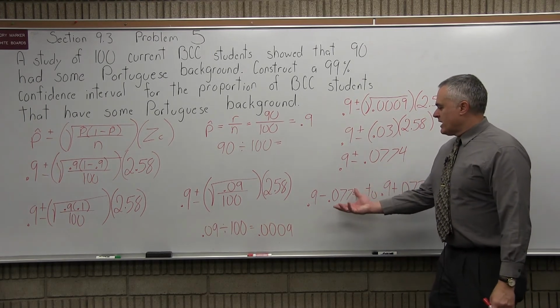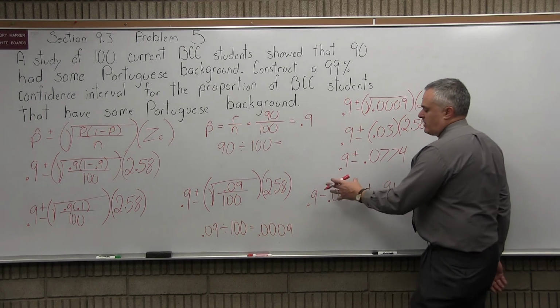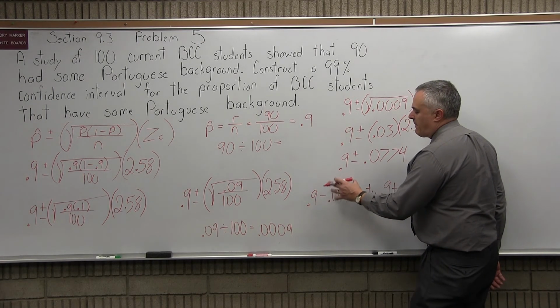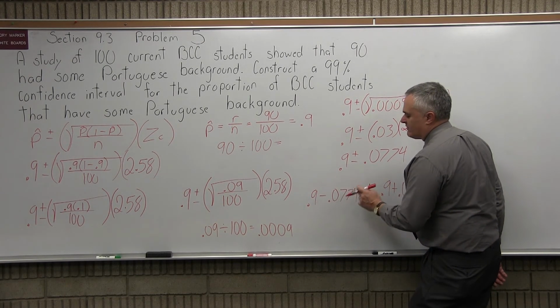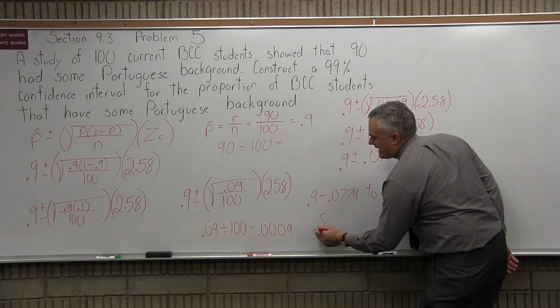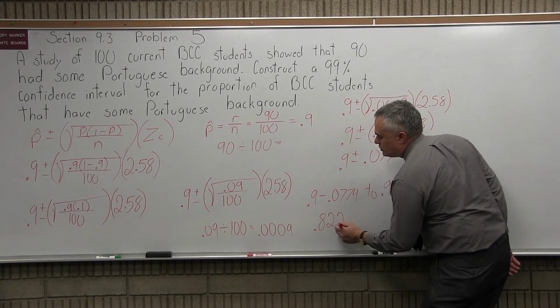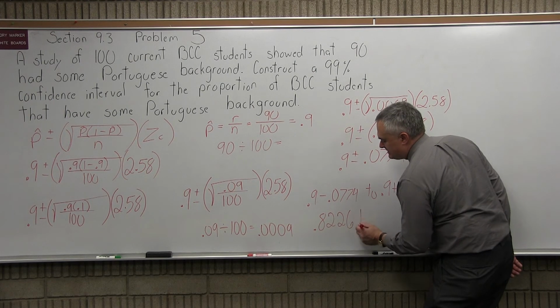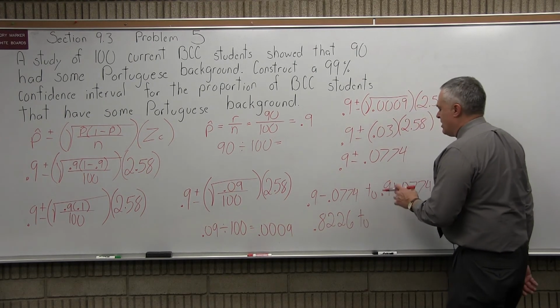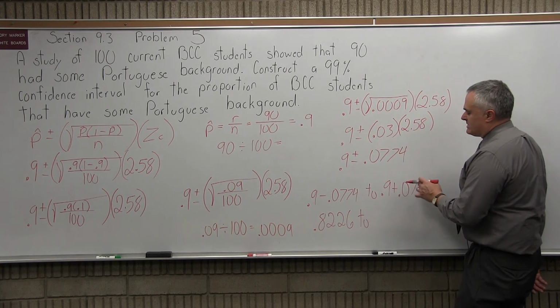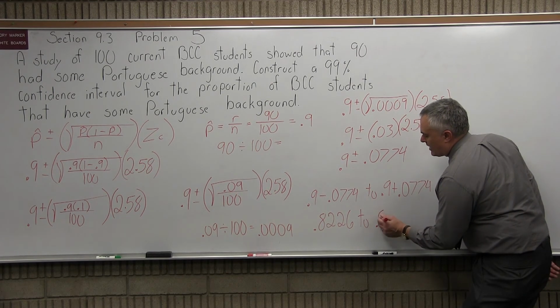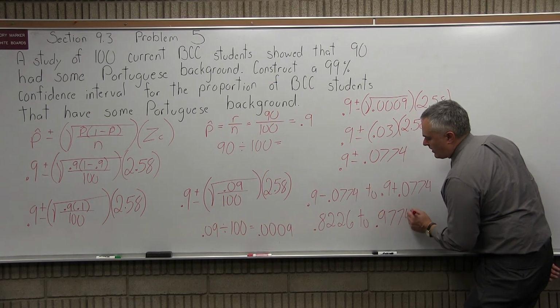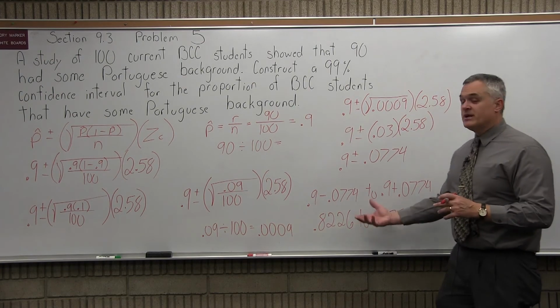Now, for the lower end, when I do that subtraction, which again, you probably want to do with a calculator, 0.9 minus 0.0774 is 0.8226. To the upper end, 0.9 plus 0.0774 is 0.9774. So now I have the low end and high end.